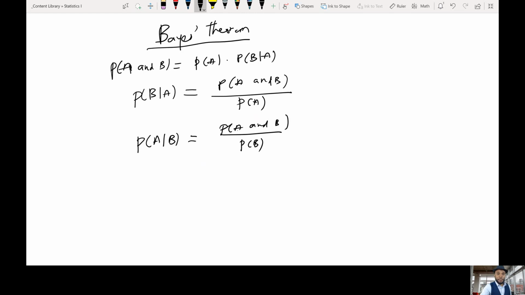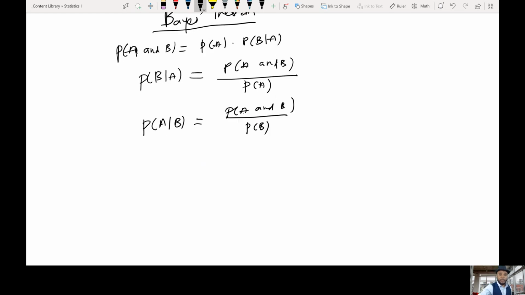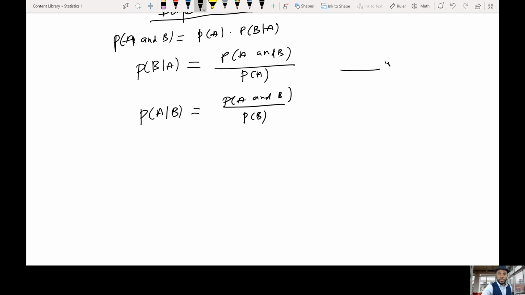So if we equate these together based on what is common, we have that the probability of B given A times the probability of A is equal to the probability of A given B times the probability of B.